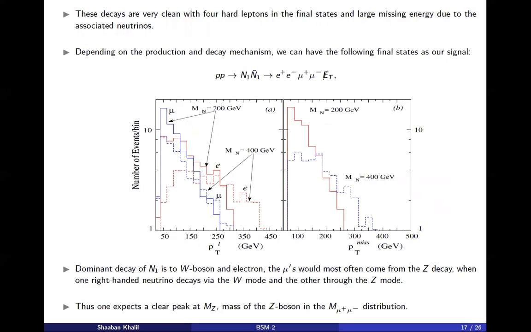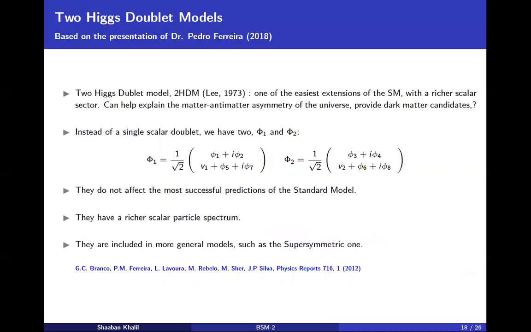This is that channel: proton-proton goes to right-handed neutrinos, and then to 2 leptons, maybe 2 electrons, 2 neutrinos, 4 leptons in general, plus missing energy. As I told you, this is almost background free from any standard model similar process. So you can easily probe it and give it to the experimentalists to check it.